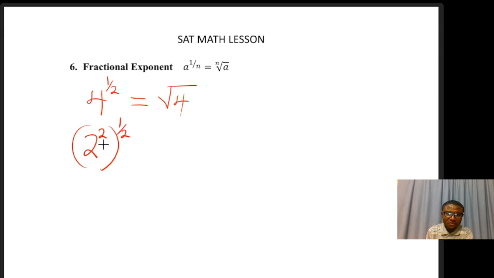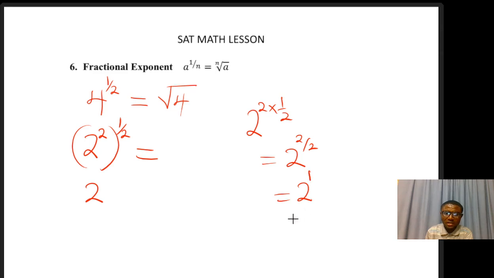So when we simplify this, it will give us 2, because 2 raised to the power of 2 times 1 over 2 is equal to 2 raised to the power of 2 over 2. This gives us 2 raised to the power of 1, and this is 2, which is what we got here.